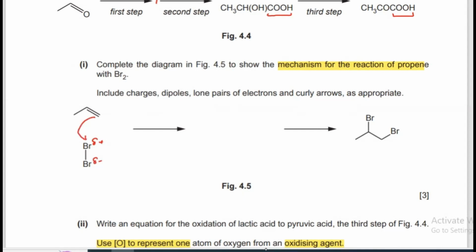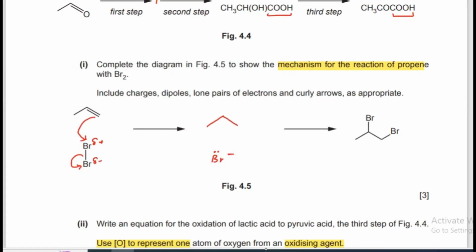So you can show the curly arrow. Then there is heterolytic fission. As a result of heterolytic fission, you will get Br negative, and you can show the lone pair as well. So just copy this without the double bond.